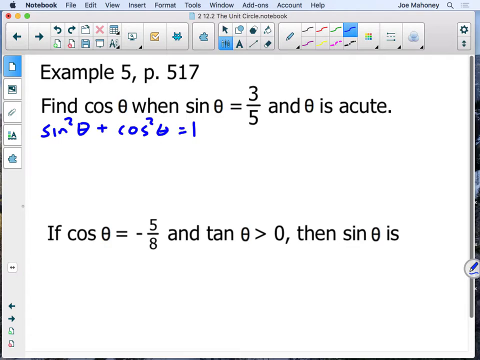So what I can do is solve for cosine theta. I know sine theta equals 3/5, which means that I want to square 3/5. So let's solve this equation. 3/5 squared is 9/25.